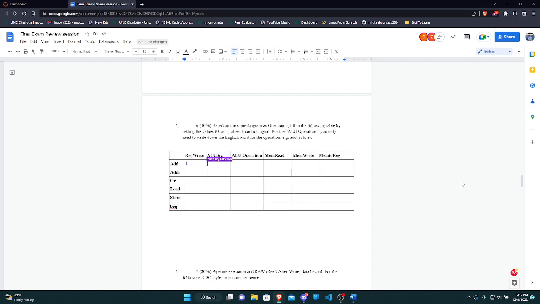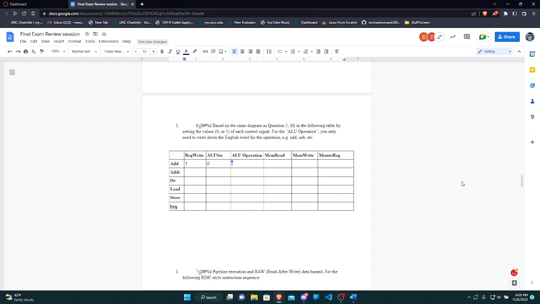For ALU source, if you look at the picture up here, the ALU source signal is the multiplexer that selects whether we're getting an RS2 value or an immediate value. If we're getting RS2, then ALU source will be 0, and if we're getting an immediate, ALU source will be 1. This is an add instruction, which means we have an RS2, so the ALU source will be 0.